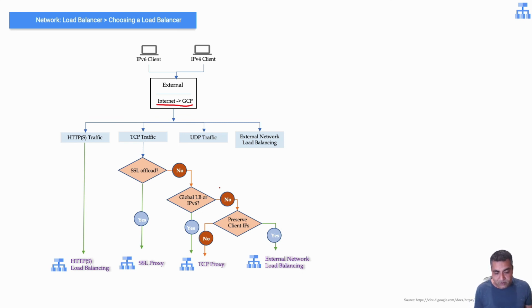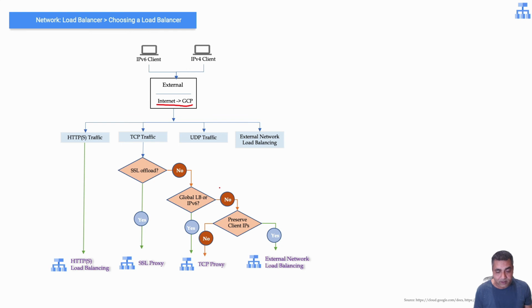It is also called external TCP/UDP network load balancing. It's a regional pass-through load balancer. A network load balancer distributes external traffic among virtual machine instances in the same region.